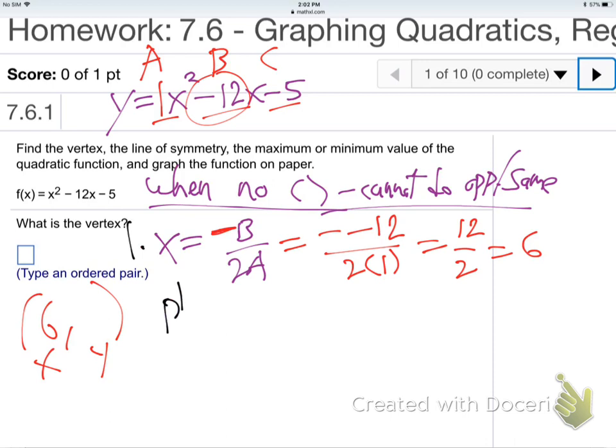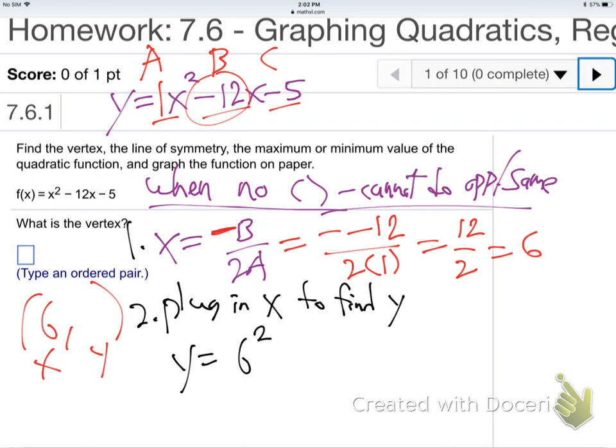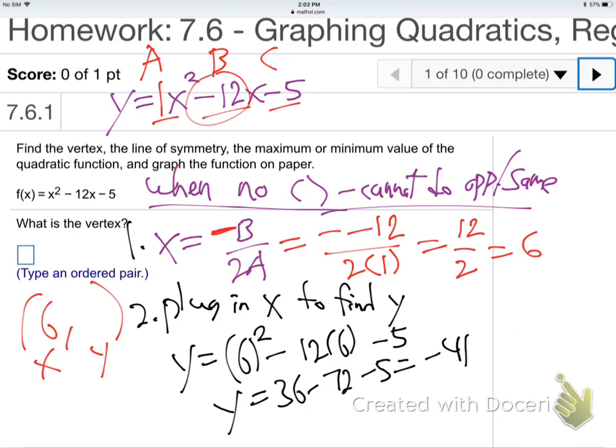So number 1, get x from negative b over 2a. Number 2, plug in x to find y. So you've got to do a fair bit more work to find things. So plug in x. Okay, plug in where? Up here. So it's going to be x squared. What is x? 6. 6 squared minus 12 times 6 minus 5. So that's 36 minus 72 minus 5, minus 41.